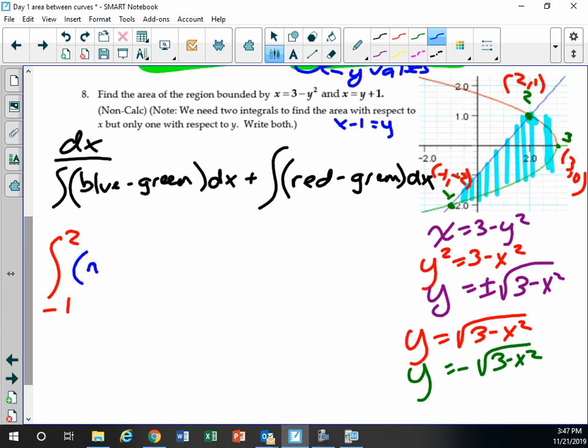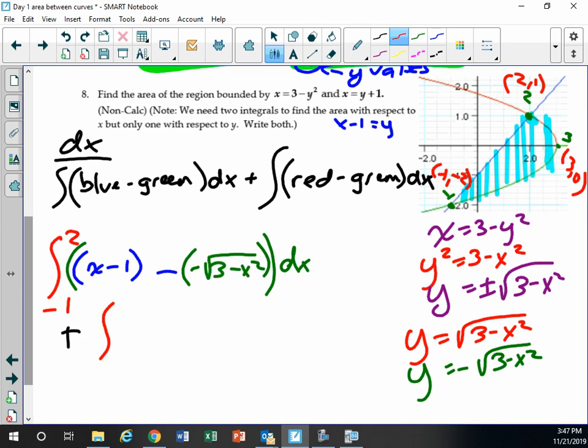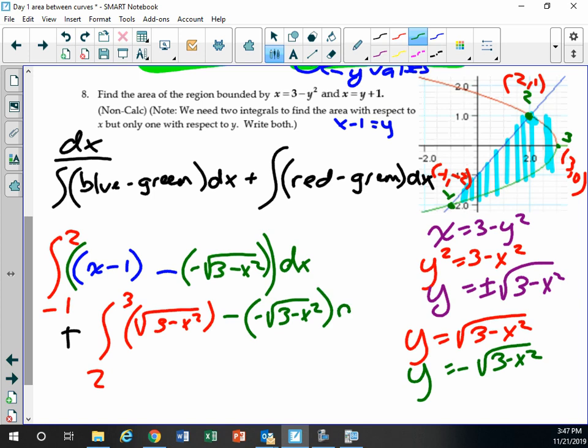So my blue is x minus 1 minus my green, which is the negative square root of 3 minus x, dx, plus the integration from 2 to 3, now it is red, the square root of 3 minus x, minus my green, negative square root of 3 minus x, dx.